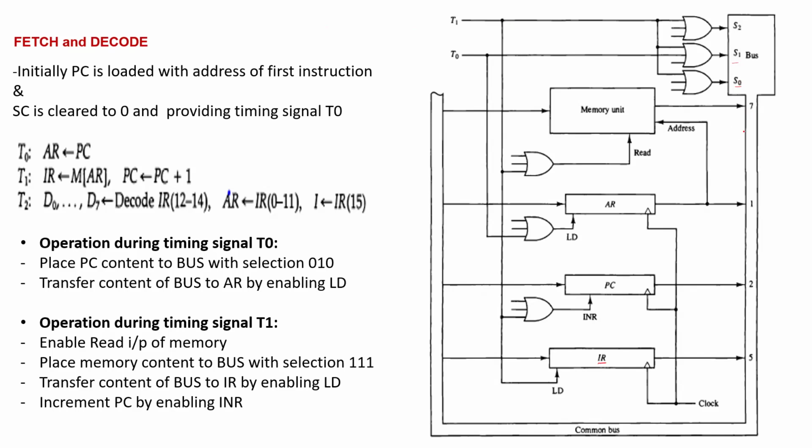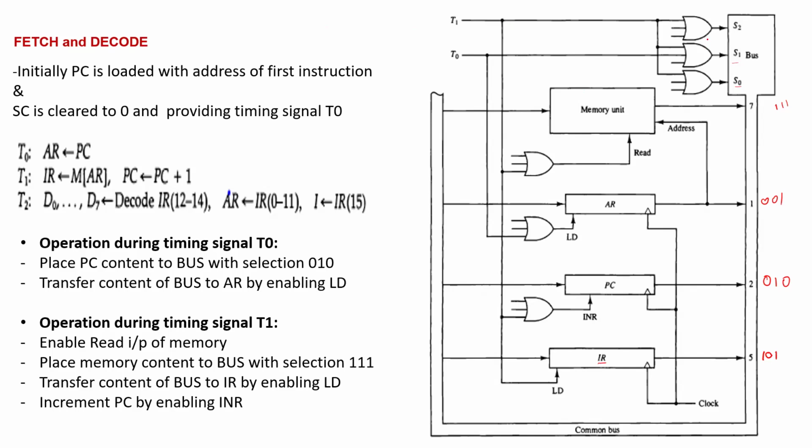For the selection line combinations: 7 is 111, 1 is 001, 2 is 010, and 5 is 101. When the selection combination is 7, the memory will be enabled. When 1, the address register. When 2, the program counter. When 5, the IR will be enabled. Any doubt, write in the comment box.